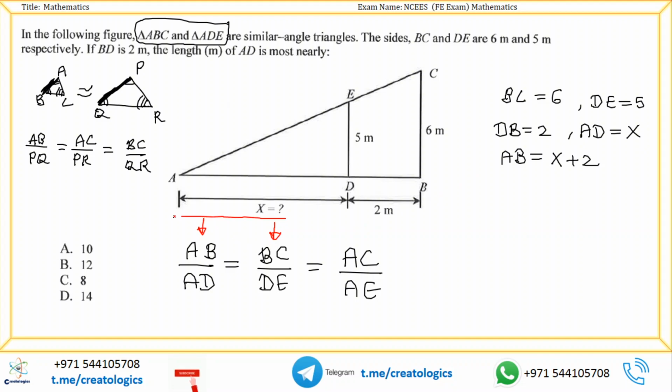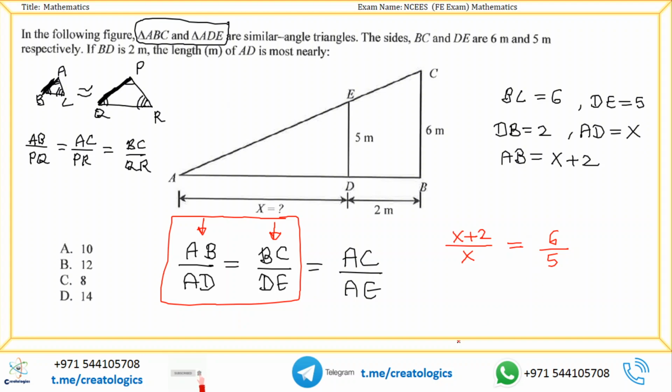I will take only this portion, not the third one, which is not required for us. So take AB over AD. What is AB? AB is x plus 2 over AD, which is x, is equal to BC, which is 6, over DE, which is 5. This is what we have.